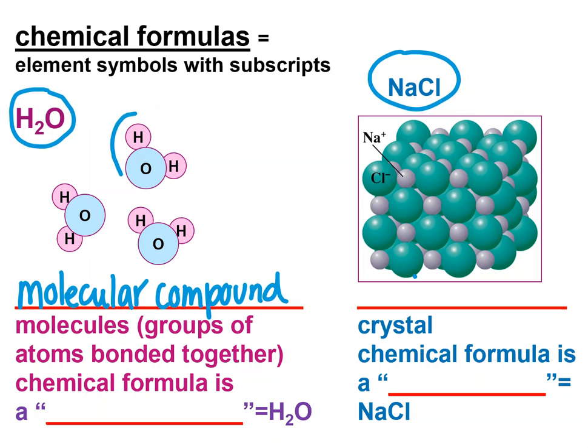In other words, this is a molecule and it is separate from this one. They may have some attractions between each other, which they do, but those are pretty separate groups. So that's what a molecule is. It's a set of atoms like that that are attached. And so this chemical formula, because it represents what's in a molecule, is called a molecular formula.